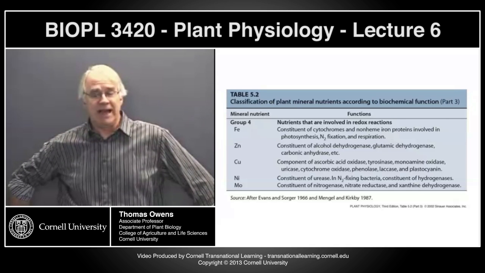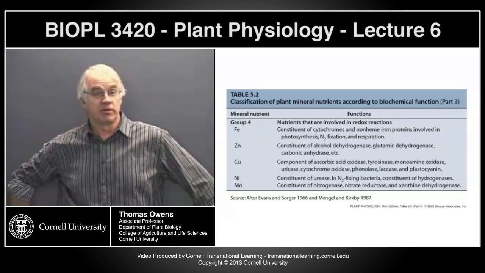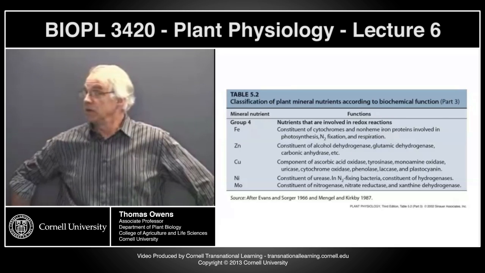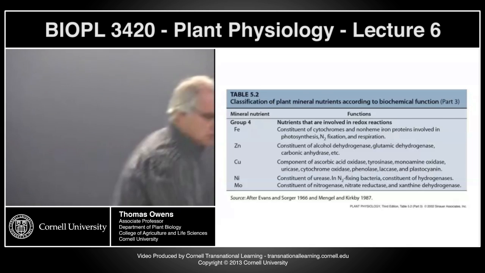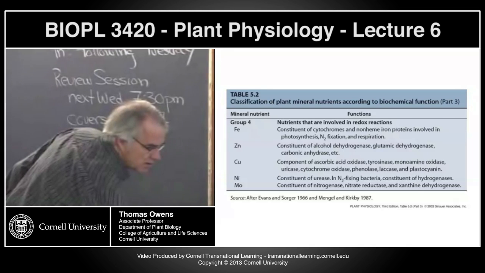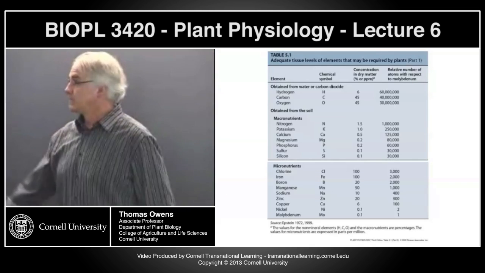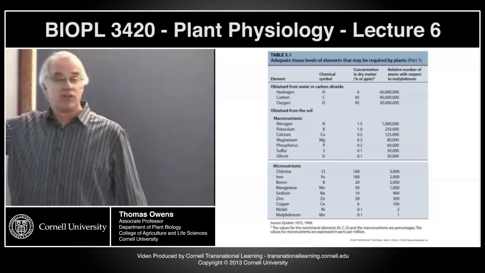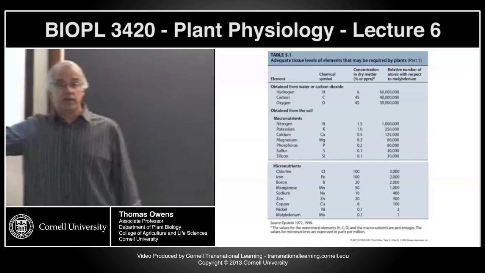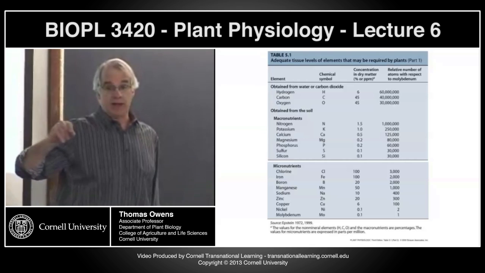How easy is it to grow plants in the absence of molybdenum or nickel? It's not easy. It's very difficult. Because first of all, if we go back to this table, plants don't need a heck of a lot of it. So very small trace amounts of that.